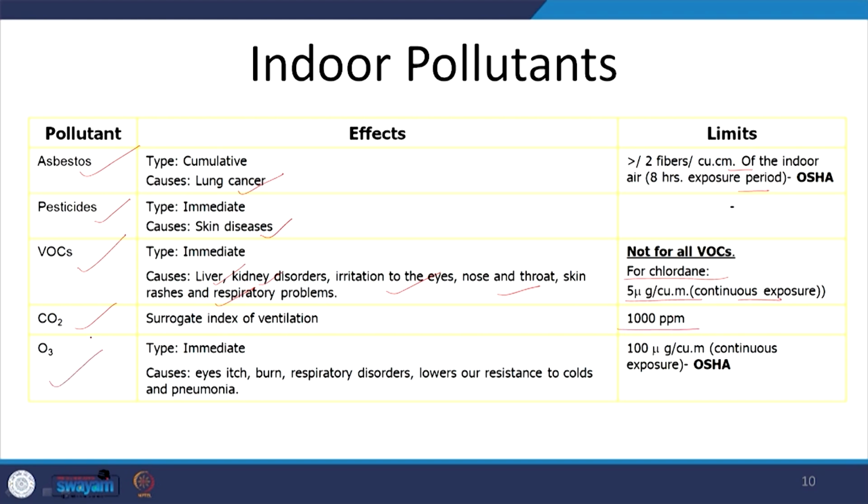And ozone. We normally understand that ozone is good, but beyond a certain limit, even ozone causes problems. It causes itchy eyes, burning sensation, respiratory disorders, and it reduces resistance to colds and pneumonia. A maximum of 100 micrograms per cubic meter of air for continuous exposure is prescribed.